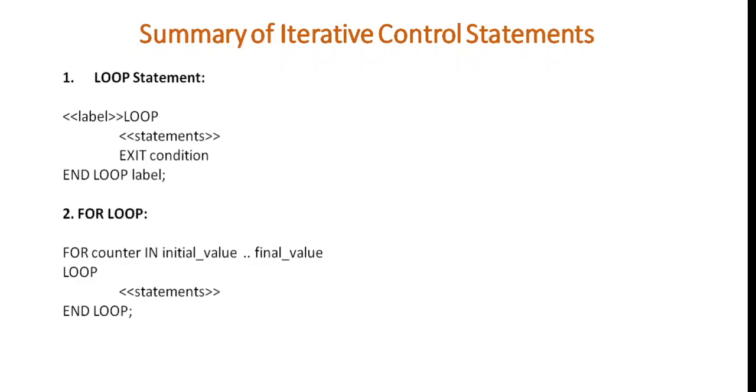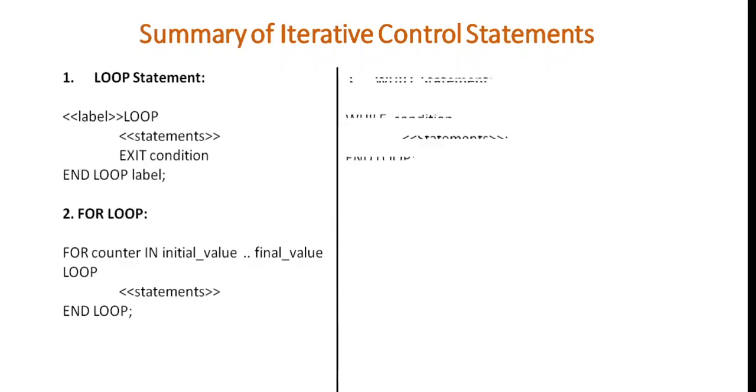So the FOR loop is used to execute the loop a number of times equal to the given range. Then we have the WHILE loop. In the WHILE loop, first we write the WHILE keyword, then we give the condition that we want to check, and if the condition is true, then the loop will enter the body. Otherwise, the loop will be terminated. So this is a summary of iterative control statements in PL/SQL.